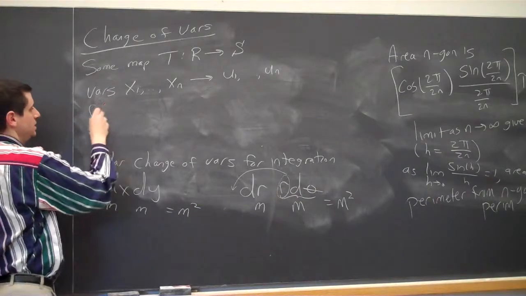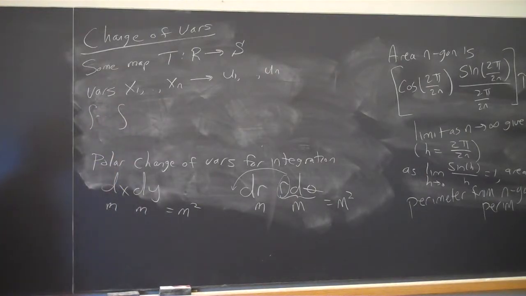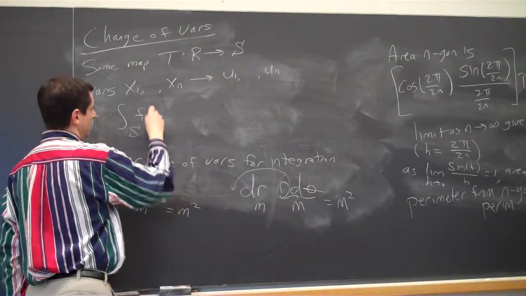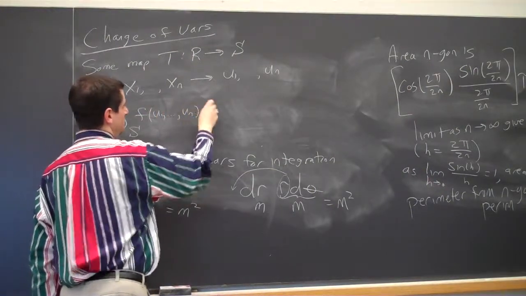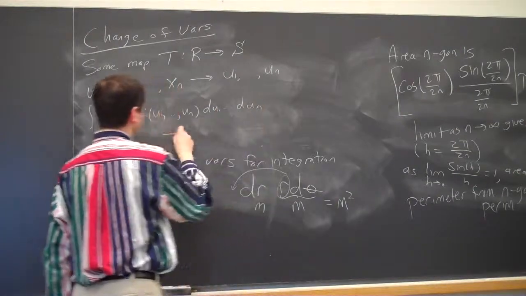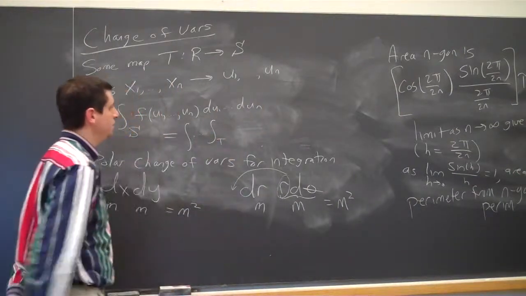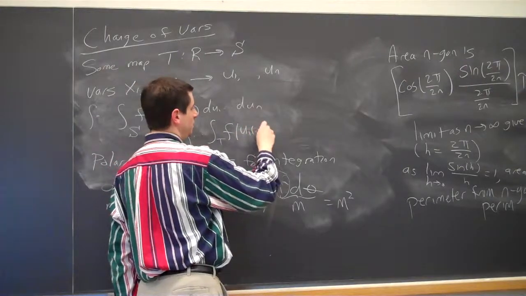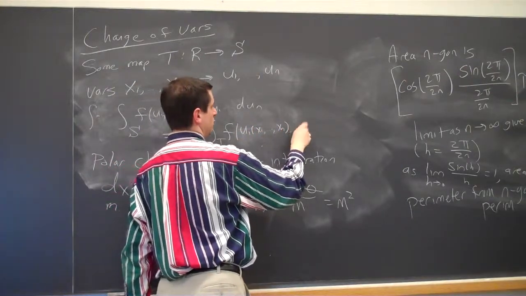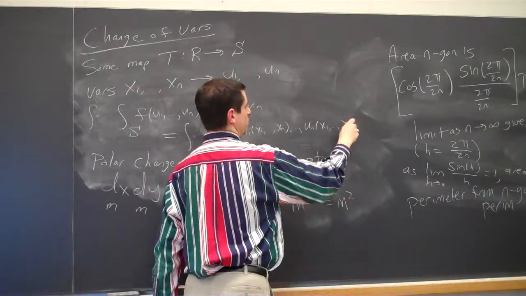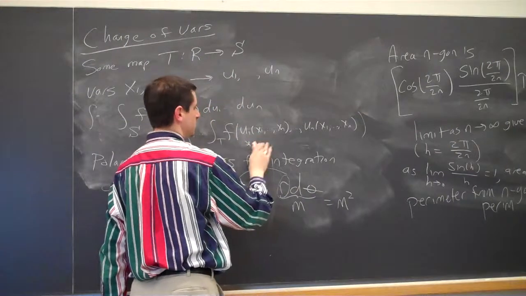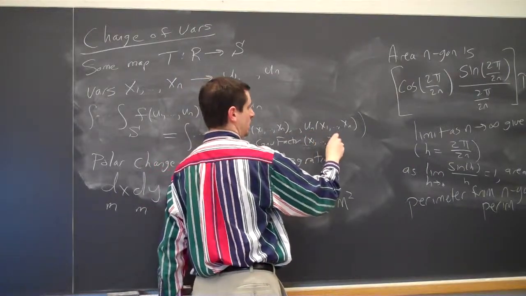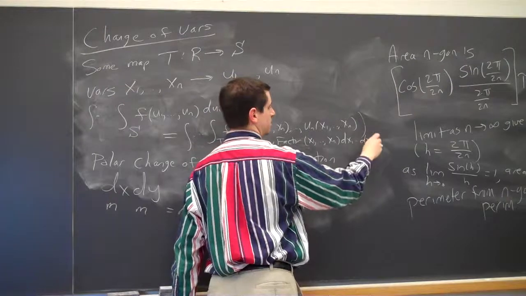And the idea is you're integrating over S of f of u1 through un, du1 through dun, should equal integrating over T some function f of u1 of x1 through xn, dot dot dot, un of x1 through xn, times the conversion factor of x1 through xn, dx1 through dxn.